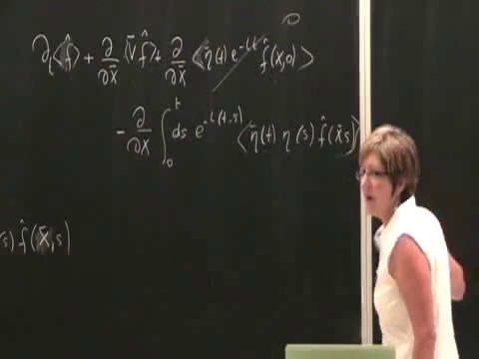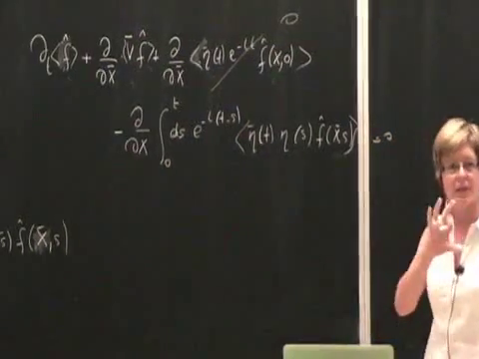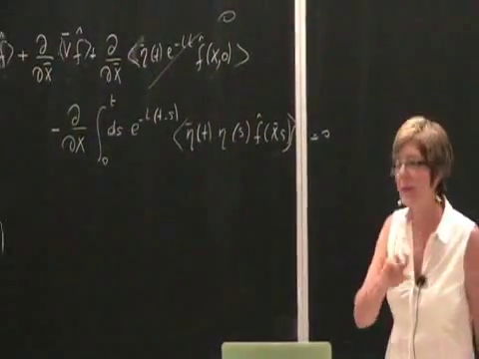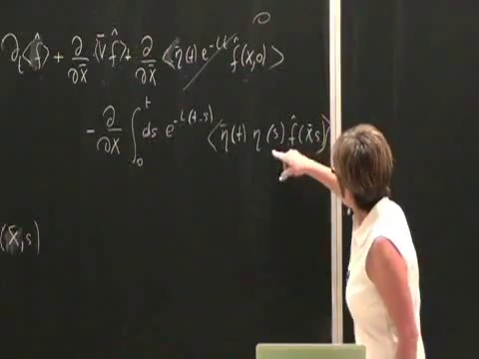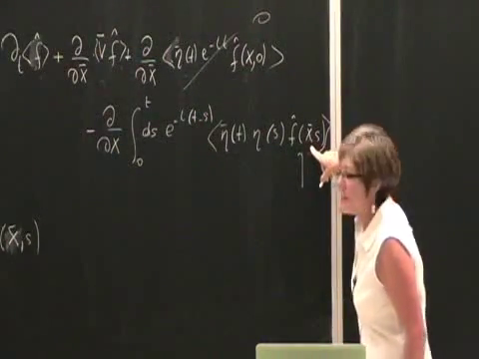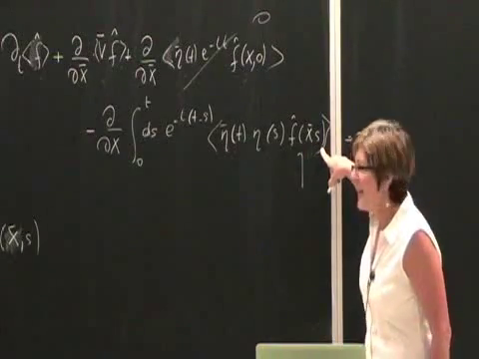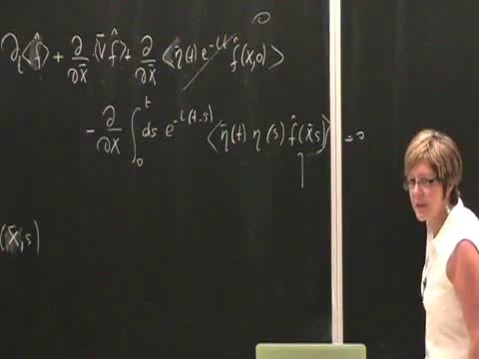Furthermore, because the noise is delta correlated in time, and this is something I'll leave for you to prove, the noise enters in f hat only at a time earlier than t, so there is a precise time ordering when you do this expansion.